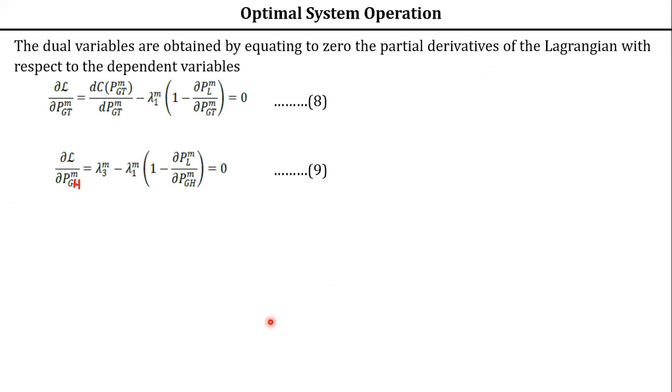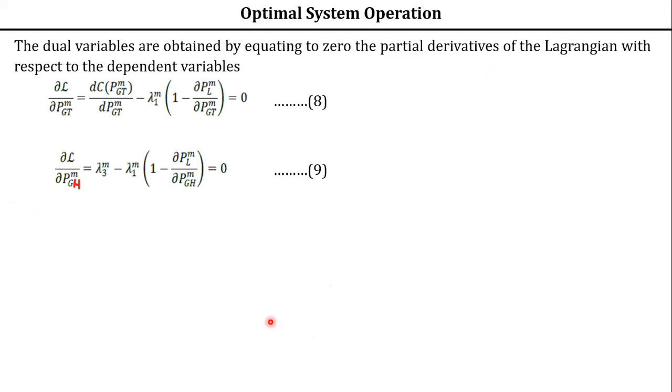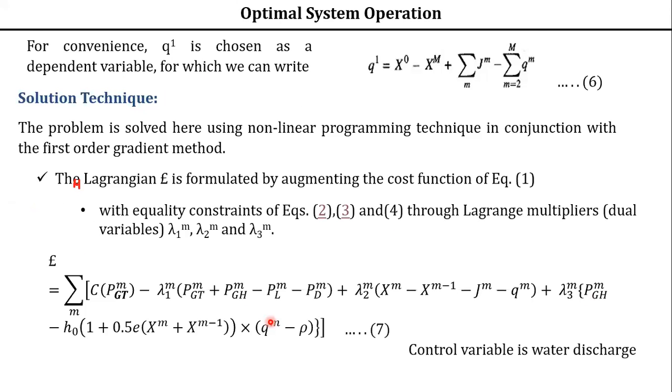Then coming back to this one, XM, we have to consider ∂L2/∂XM. With respect to XM, you can see here you have XM, and XM minus m also belongs to XM, isn't it? And in this equation you have XM.